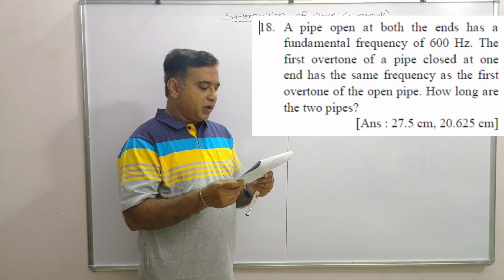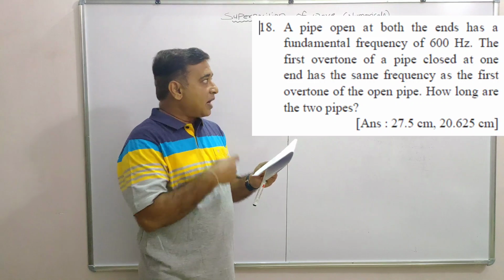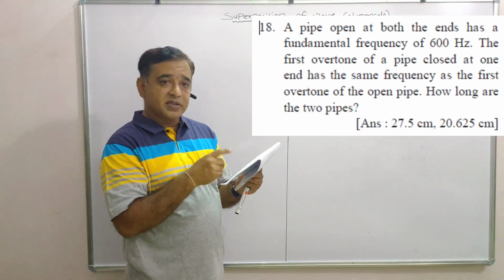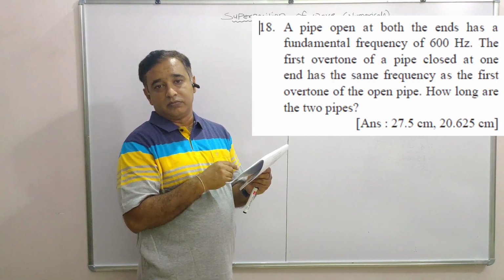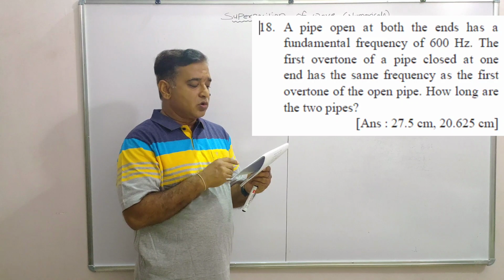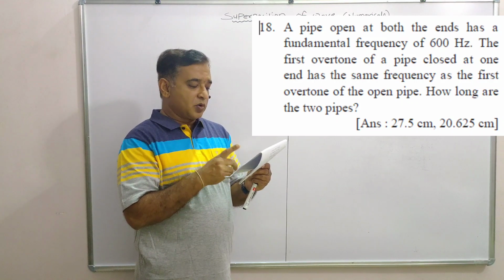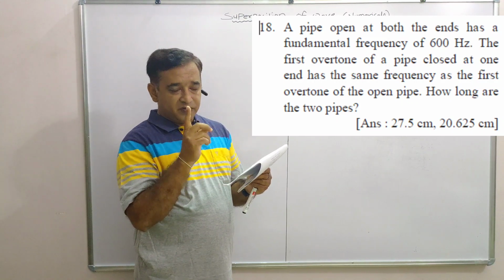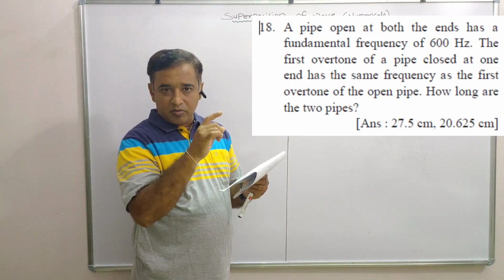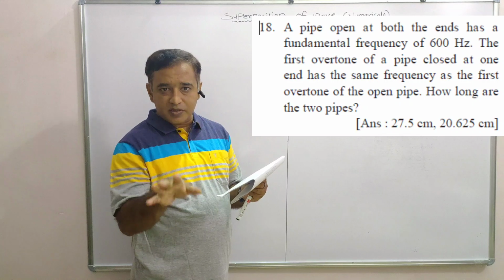Read carefully with me. A pipe open at both the ends has a fundamental frequency of 600 hertz. The first overtone of a pipe closed at one end, see the first overtone when one end is closed, we have to remember that only odd harmonics are present.